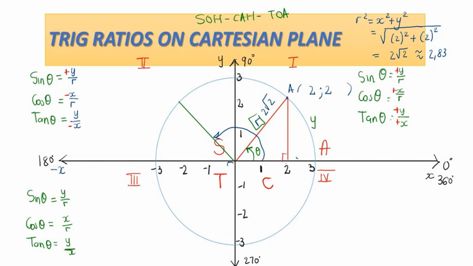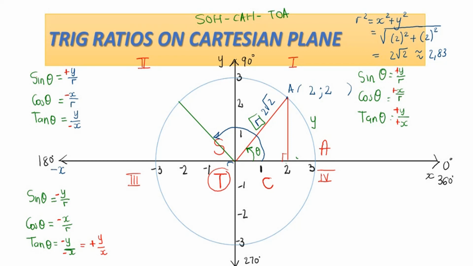So the sine of theta will be negative y over r, and the cos of theta will be negative x over r. But the tan of theta will be negative y over negative x, which is ultimately positive y over x. So that is why in this quadrant your tan is positive.